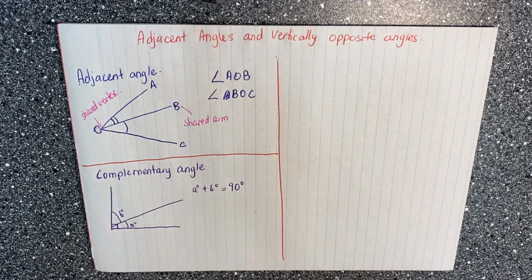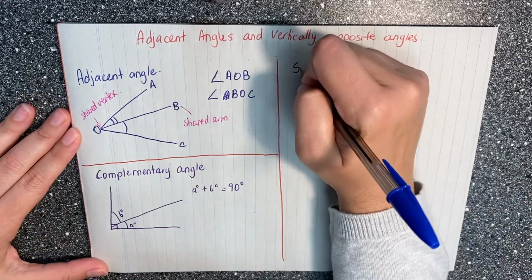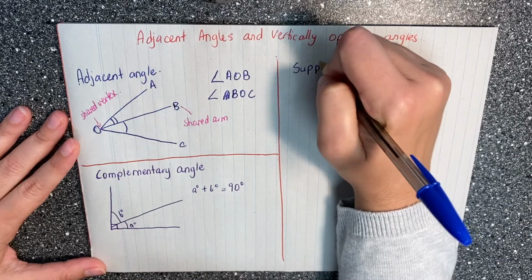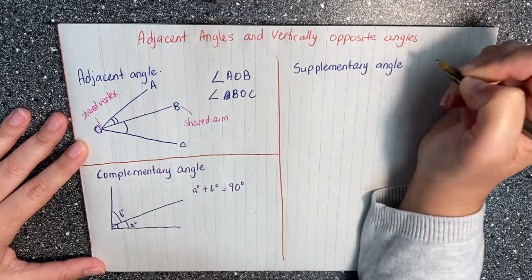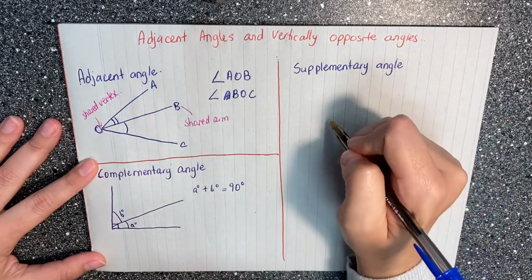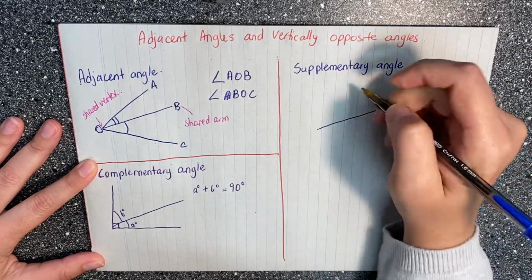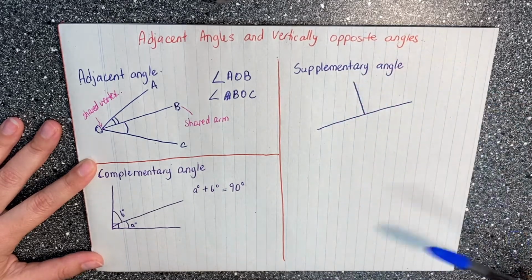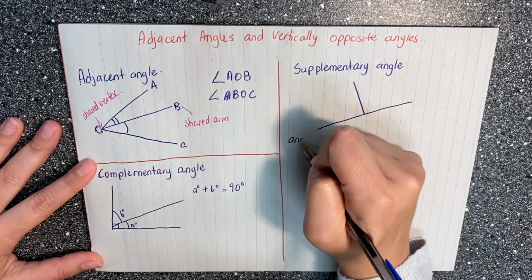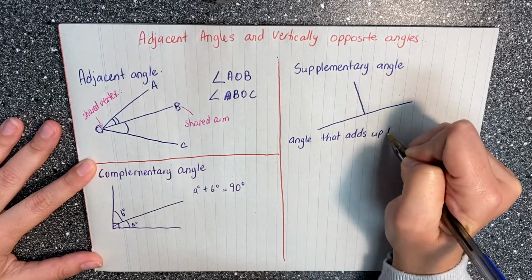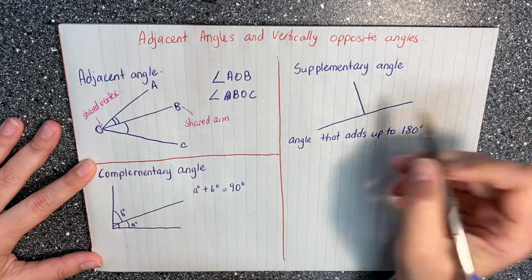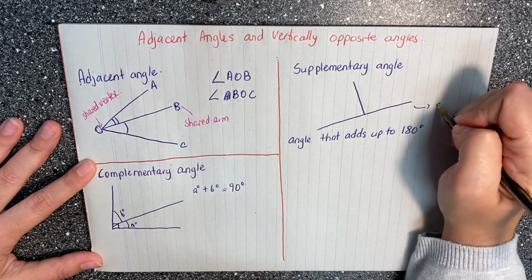All right, let's keep moving. The next example that I want to have a look at is a supplementary angle. A supplementary angle is an angle that adds up to 180 degrees, a straight line.